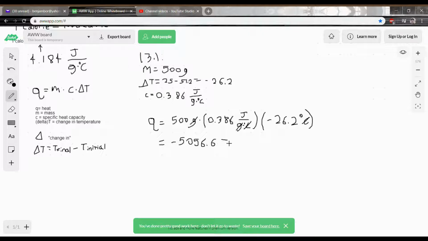So it makes sense that our heat transfer is going to be negative because it signifies a heat loss. So don't let the negative answer freak you out. That just gives you an idea of what direction the heat was transferred. It was transferred out of the copper block and into the atmosphere surrounding it.